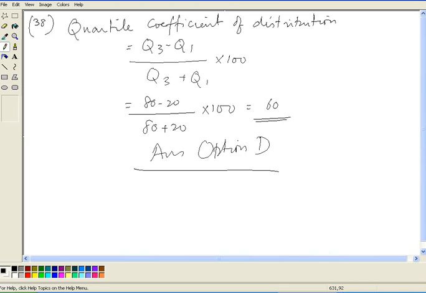Our Q1 here will be the first quartile, that is 20, and Q3 is our third quartile. So the coefficient (Q3 minus Q1) by (Q3 plus Q1) into 100, called the quartile coefficient of distribution, works out after substituting the relevant values as 60. So the answer is option D.